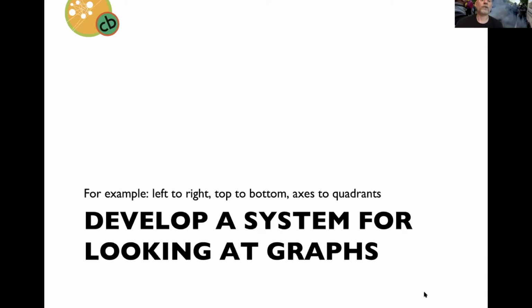For example, you might already have the habit of always looking at a graph from left to right and top to bottom, looking at the axes and then looking at the quadrants. And when you're looking at the axes, you're probably looking at things at a minimum, like, are they labeled? Does the paper tell you what's on those axes? And are they or are they not truncated?